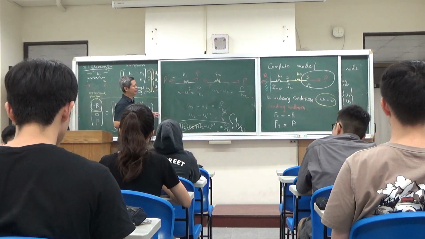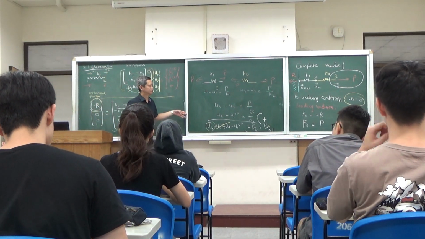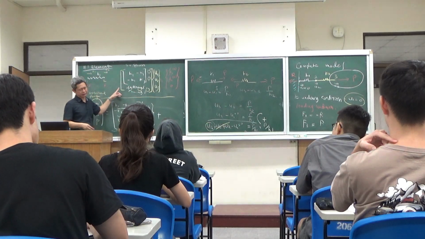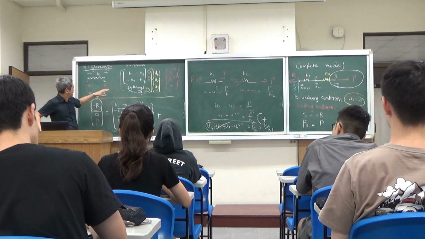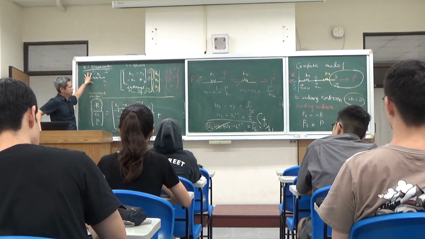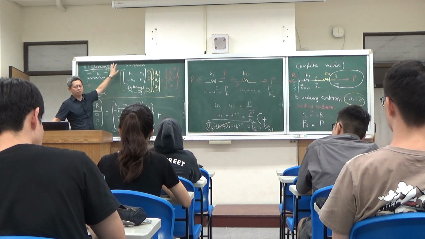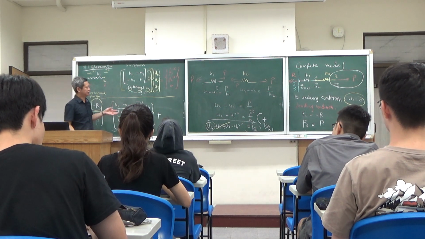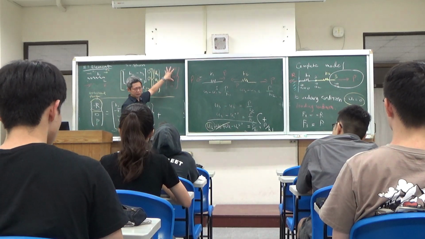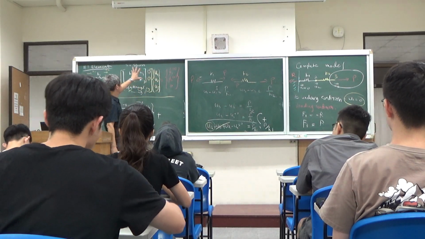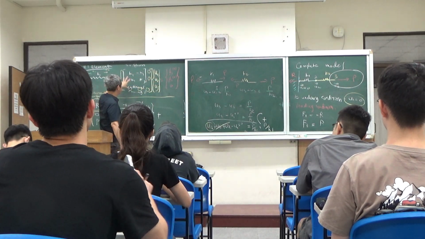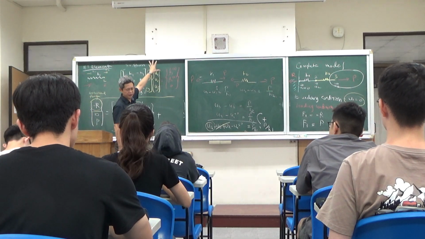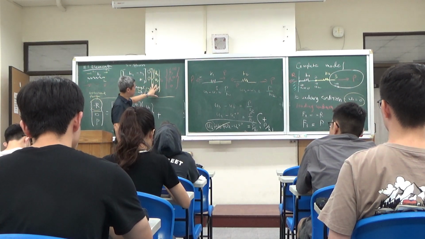What is the matrix method? Matrix method is like this. For every element, you write the free truss equation. What is the free truss equation? Internal forces are expressed as stiffness times the displacement vector.